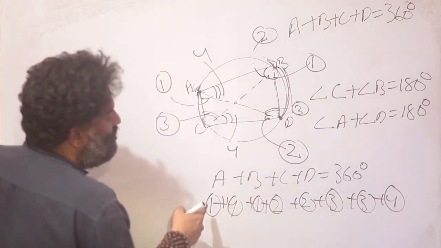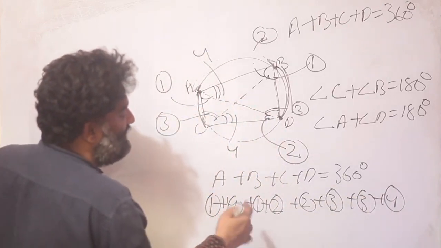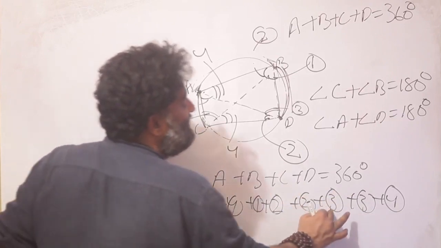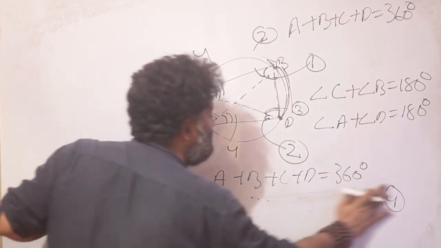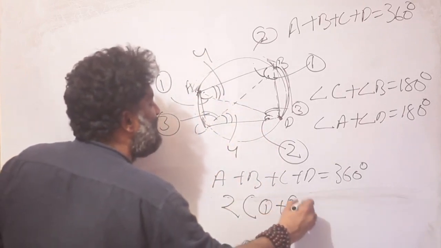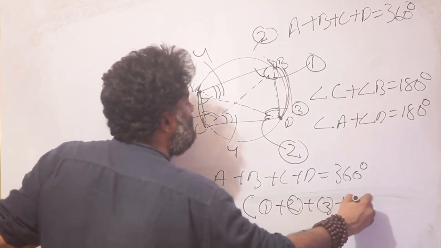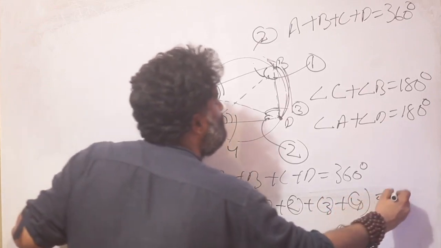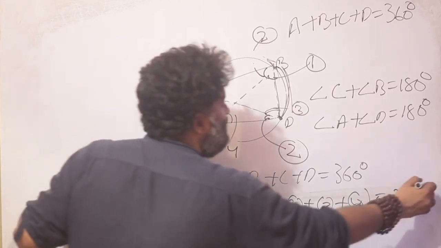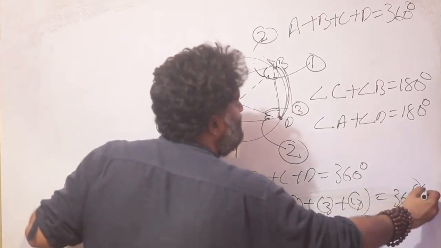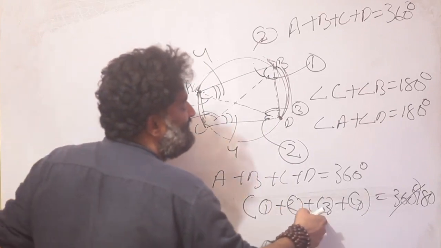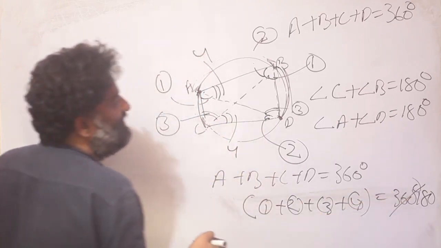What do I see now? Angle 1 is 2 times. Angle 4, 2 times. Angle 2, 2 times. Angle 3, 2 times. That means I can say twice into angle 1 plus angle 2 plus angle 3 plus angle 4 is equal to 360 degrees. Remove this 2 from here, divide it from here, and you get 180. So I get angle 1 plus 2 plus 3 plus 4 is going to be 180 degrees.